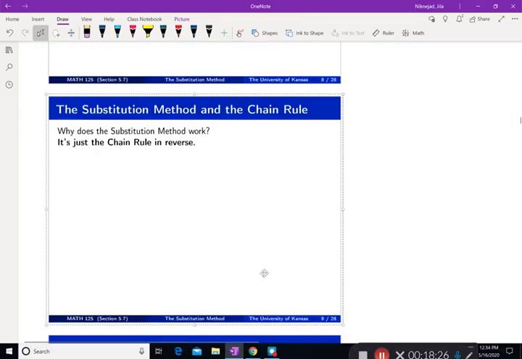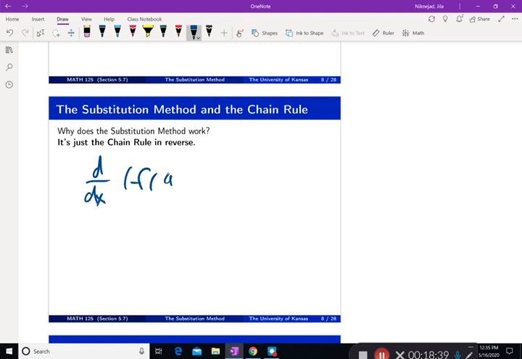So those were things to notice in how the substitution works. Let's remember that it's just the reverse of the chain rule. What is the chain rule? Let's say I have f of g of x; I will have f prime evaluated at g(x) times g prime of x.